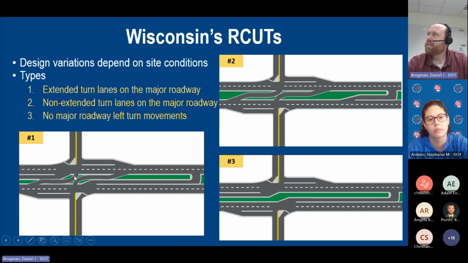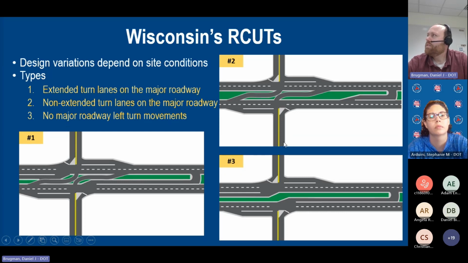With the extended version, if you come up on the main or the minor roadway, you stop, and we have extended turn lanes all the way to the center intersection where a vehicle can turn directly into that receiving left turn lane, follow it along, and complete their maneuver to turn left or continue across.